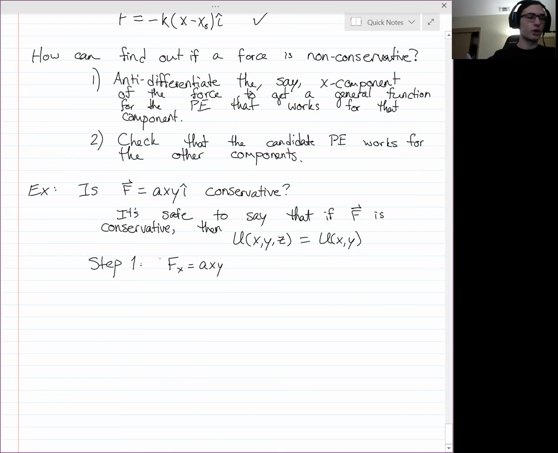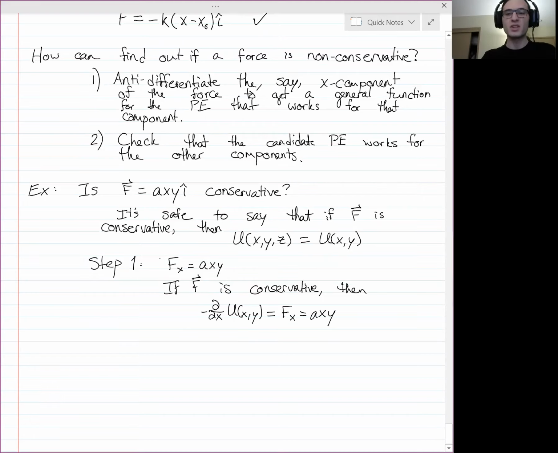So we're going to work with the X component first, and then we're going to take the derivative. So if it is true that this force is conservative, then there is some function U such that if you take the negative partial derivative of U of X and Y, then that equals F sub X, which equals A times X times Y. So what we're trying to do is construct the potential energy function that it must have if it's conservative.